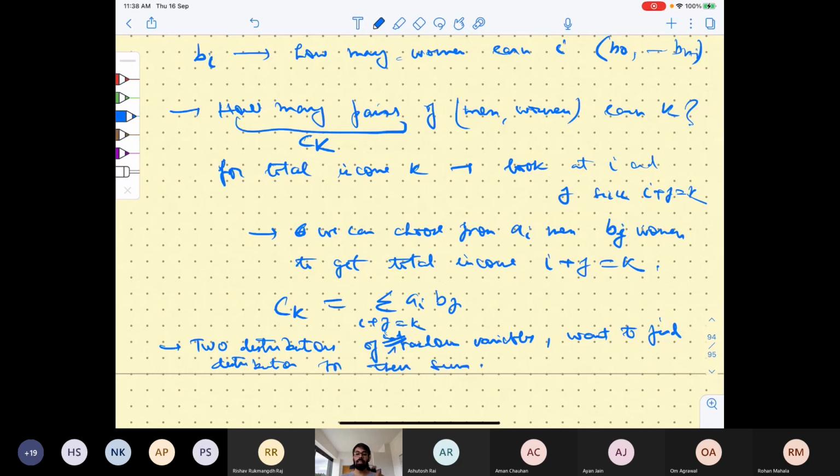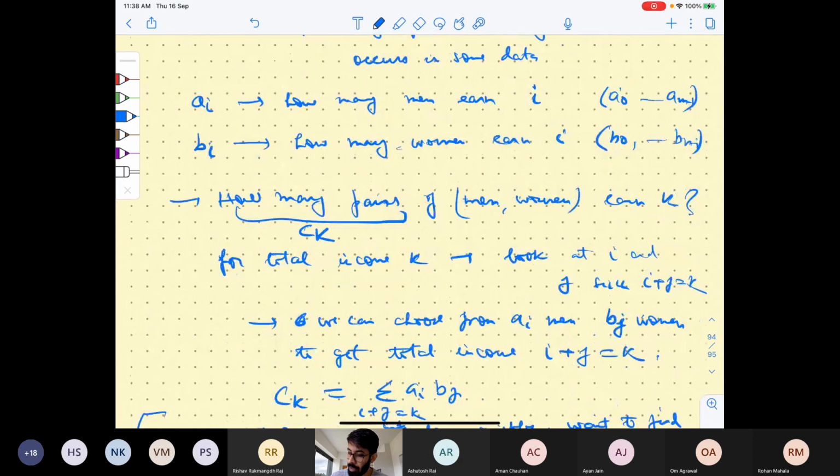Then that is going to be the convolution, because the sum is going to be something, and you are given the frequency as a histogram or as a function, and that's what you are going to sum up. Okay. So this is also a very important application of these convolutions.